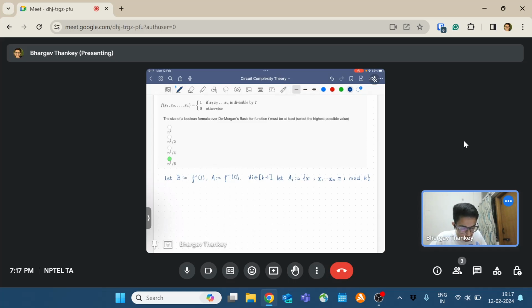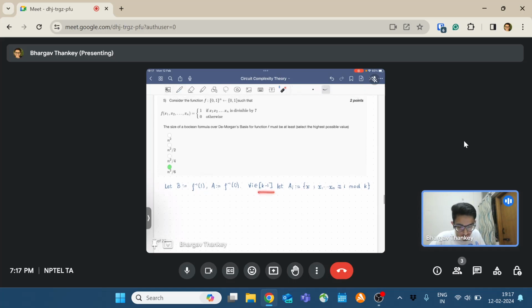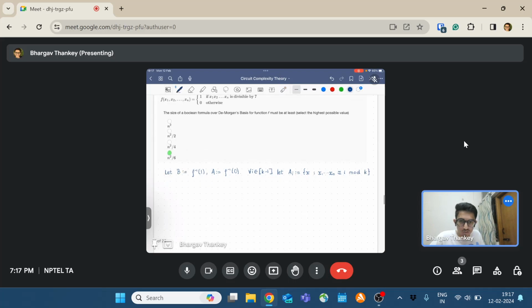This notation just means numbers from 1 to k minus 1. So what we have done is we have taken all strings and divided them up into k parts. The first part is B, the rest are A_i. So we are dividing based on the modulo. These are not equivalence classes.